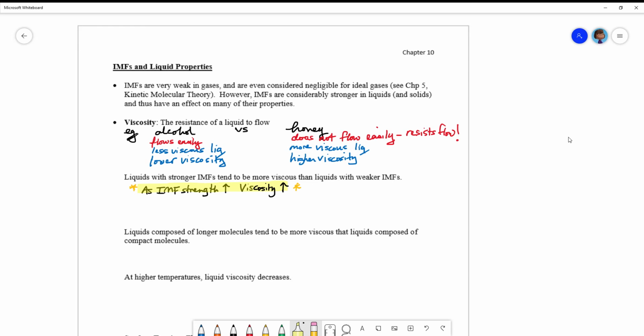Okay, let's write some of that down. Oops, I'm not going to write with a highlighter. I have to write with a regular pen.